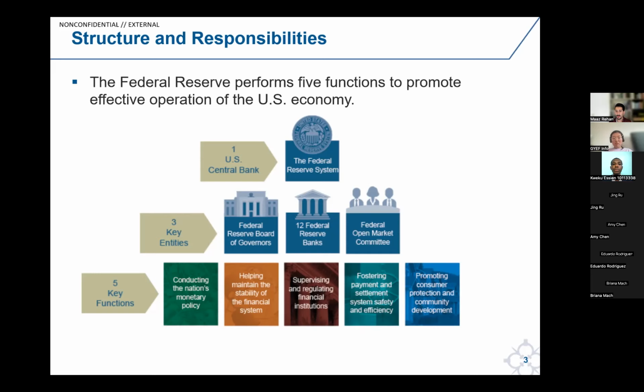So 4 is fostering payment and settlement system safety and efficiency. The Fed works to promote a safe, efficient, and accessible system for US dollar transactions. And this impacts all of us on a day-to-day basis, right?